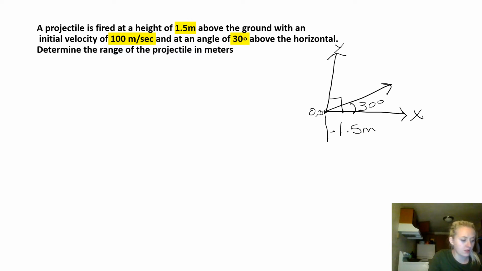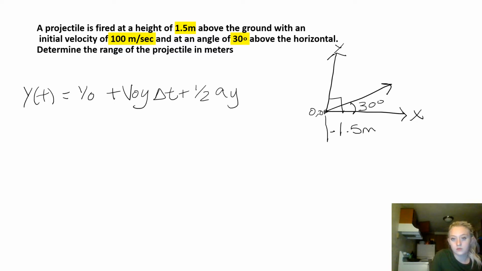We're going to do it in the y to solve for t. Okay, so we need to write down some of our knowns and unknowns.